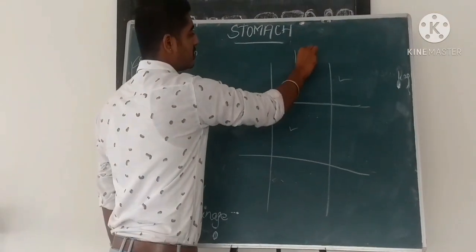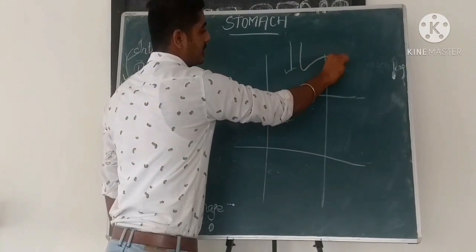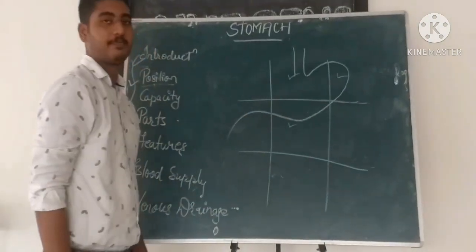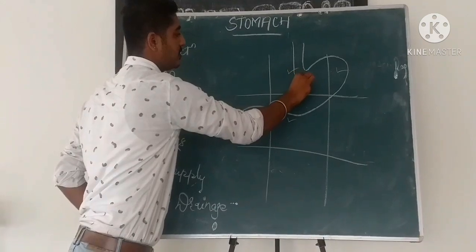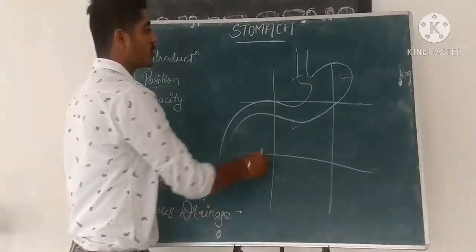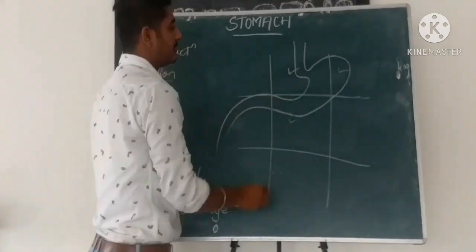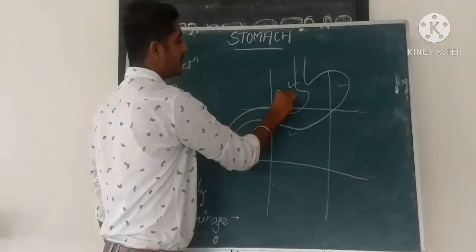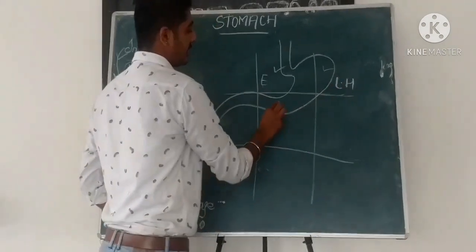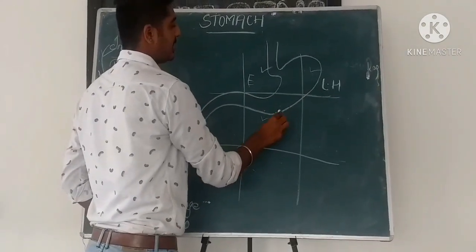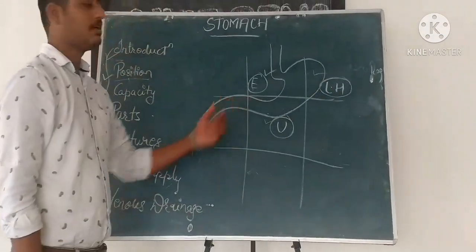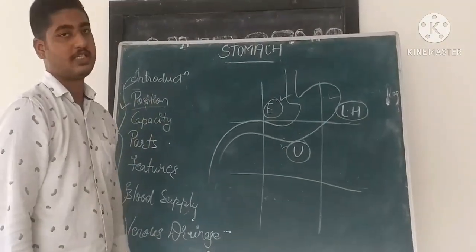Now this is your esophagus, this is your stomach. So it is going to occupy this epigastric region, this left hypochondriac region and this center region, the umbilical region. So this is the position of the stomach.